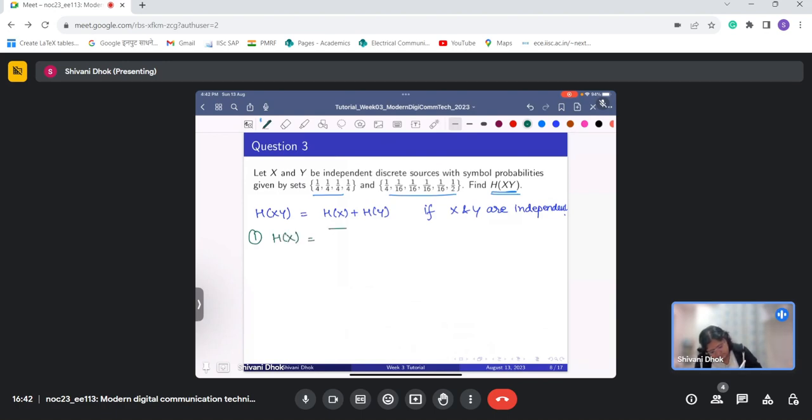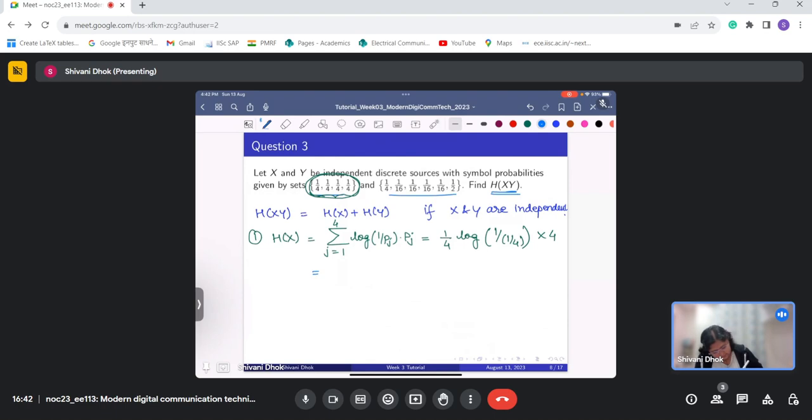This h of x is simply summation j equal to 1 to 4, since this x set has 4 values, of pj into log of 1 by pj, which is equal to, now it has the same probability, so I can write it as 1 by 4 into log of 1 divided by 1 by 4 into 4, because it is the same thing getting repeated 4 times.